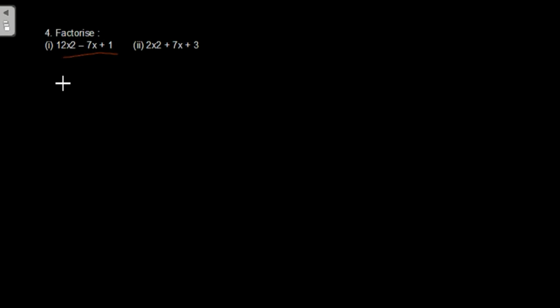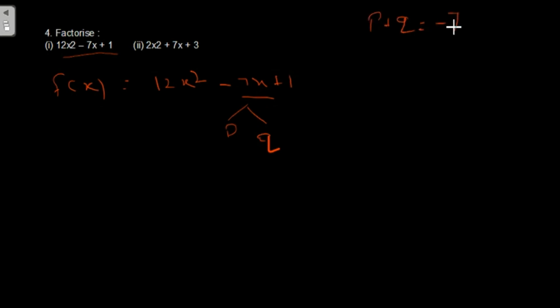So what the question says, here we have f(x) equal to 12x square minus 7x plus 1. So what is the middle term? The middle term is 7. And so we have to break this 7 into two numbers p and q, such that their addition is equal to minus 7, such that p plus q is equal to minus 7 and pq is equal to 12 multiplied by 1.